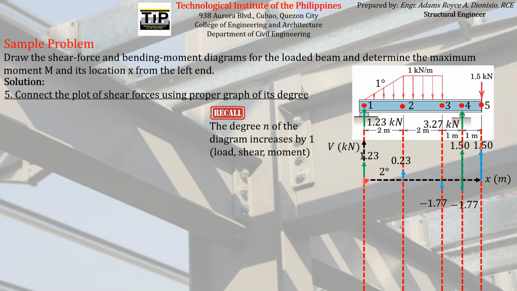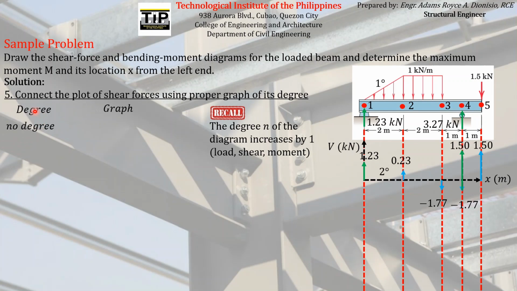In order for you to properly assess what type of curve you will use to connect the points that you plotted on the shear force diagram, I will put a table here which has the corresponding degree and the corresponding graph for that particular degree.